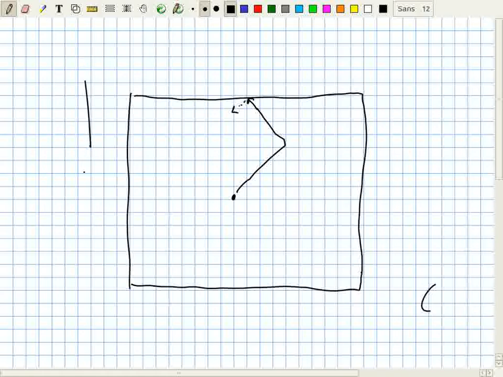We have to figure out which way are our x's and y's going. So the x's increase in this direction. In which direction do the y's increase? Is it downwards or upwards?